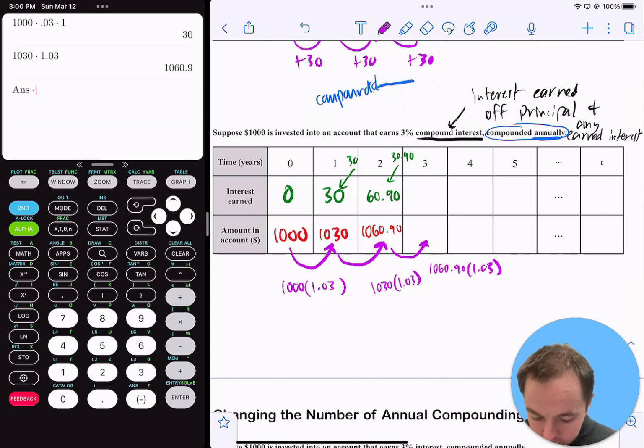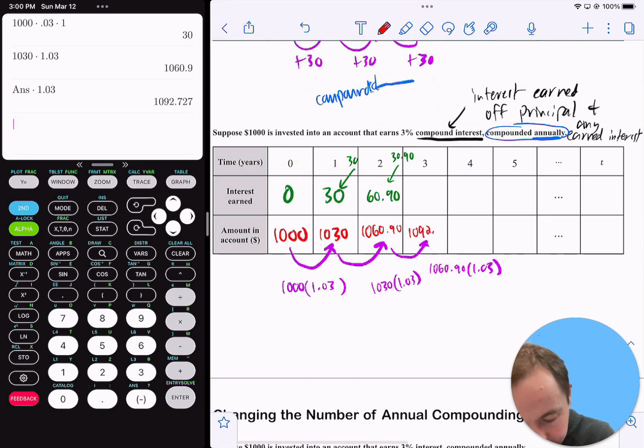So if we just multiply our most recent answer by 1.03, then we end up getting, as our calculator shows us right here, 1,092 and about 72 cents if we round it to the nearest cent. So overall, we would have accumulated $92.72.